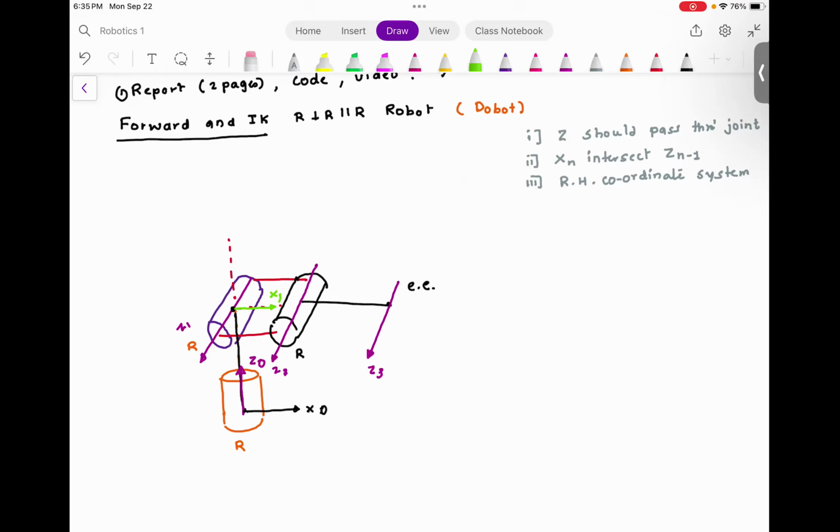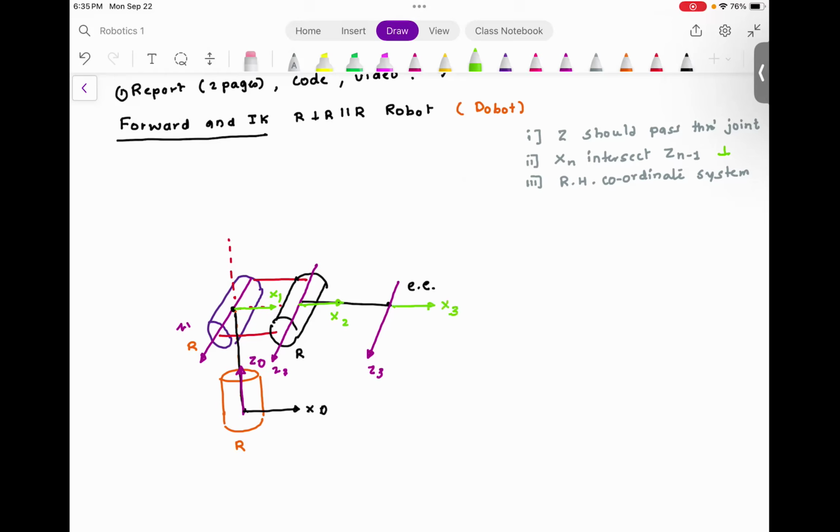It will be parallel to Z0. It needs to be perpendicular. So it needs to be intersecting and perpendicular. Now, for consistency, I will call this my X2. I will call this my X3.